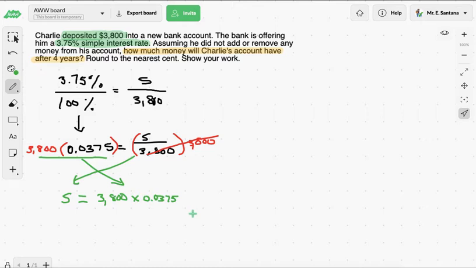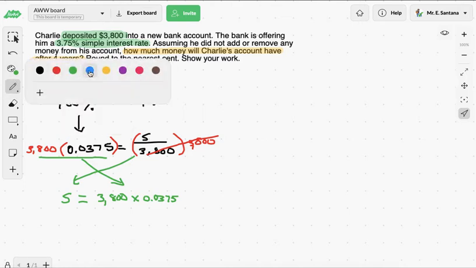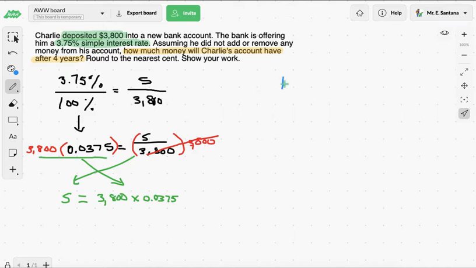So there you have the equation. Now what I need you to understand is that at the end of this, I'm going to multiply it by the number of years. The overall interest is this equation, but at the end, like I said, we multiply it by the number of years.